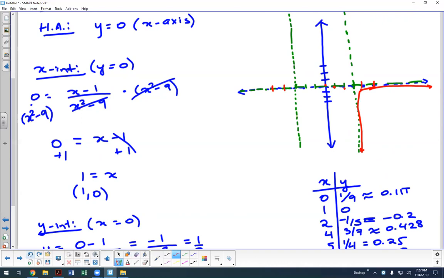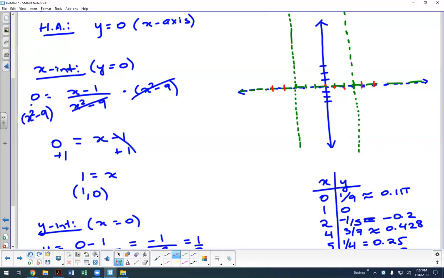Did I do that wrong? I did, didn't I? That should be positive and not negative. Okay, hold on, that was not right. Because these numbers are positive, I'm graphing them on the wrong side. Let's get rid of that.